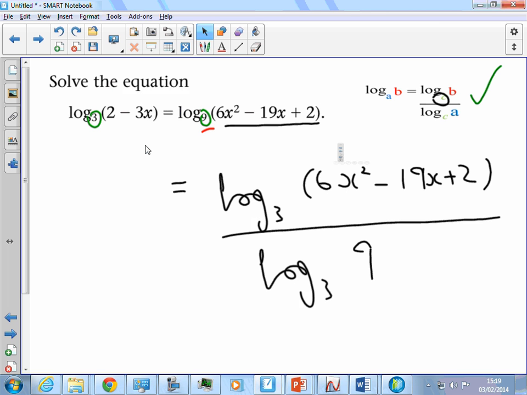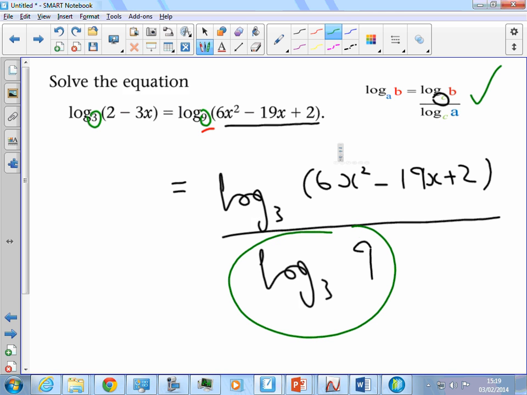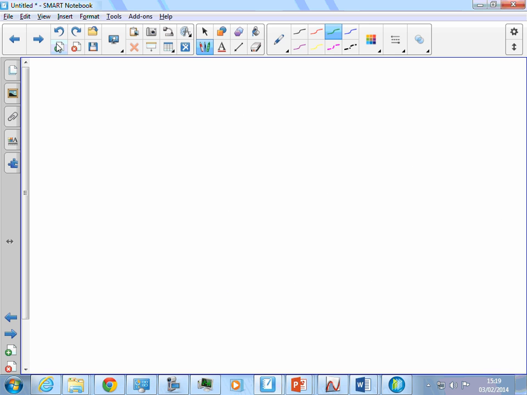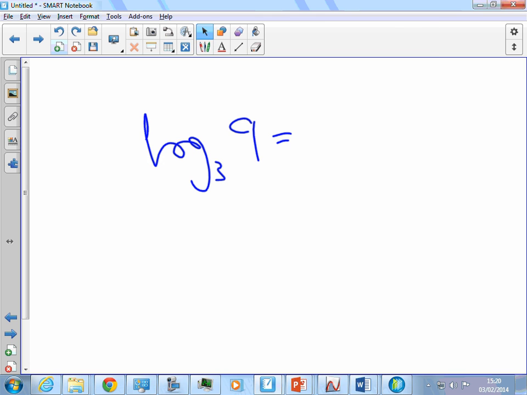Now, many times I've emphasized this point. This part of my fraction, if you are stuck, you can press it on a calculator. However, you should recognize just from the definition of a log what that is equal to. So I'm going to slow this right down. Log with base 3 of 9. If we don't know, I'm going to call it the number x.